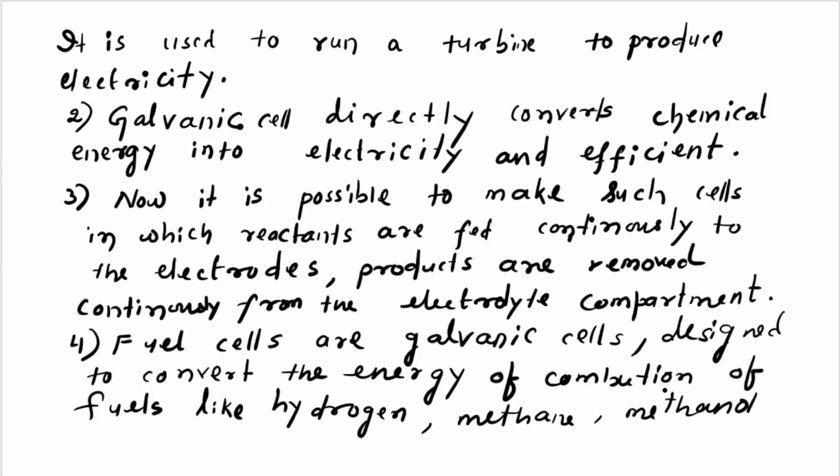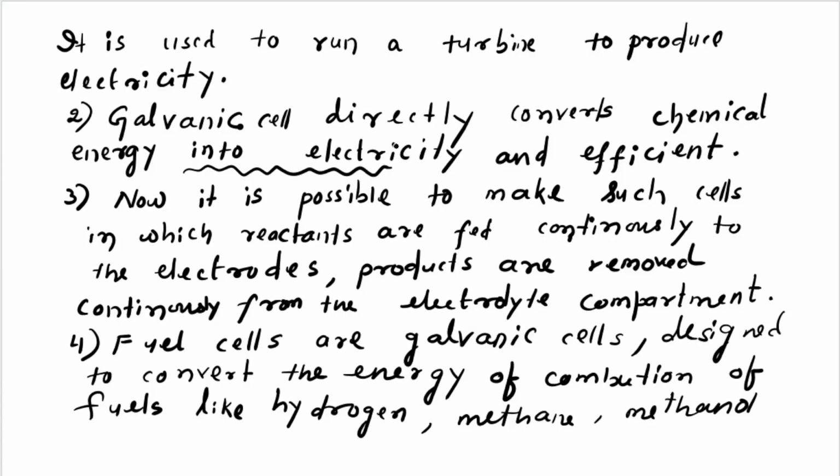A galvanic cell directly converts chemical energy to electrical energy. So in a galvanic cell, chemical energy is directly converted into electricity, and it is an efficient cell.